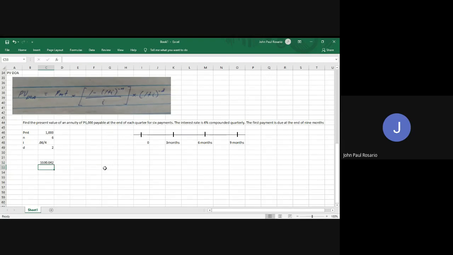Okay, so as you can see, guys, the answer is 5530.04, and using the formula we arrived at the same answer. Can you follow how we got it?